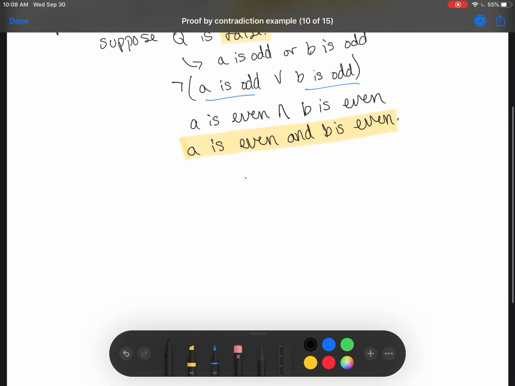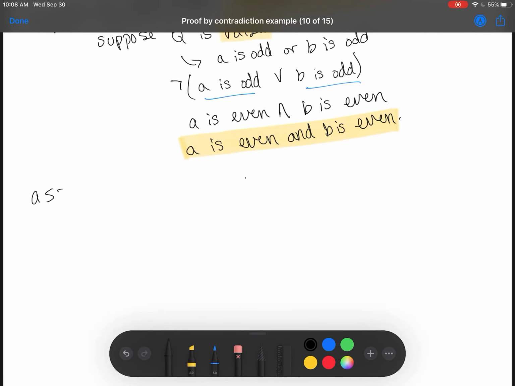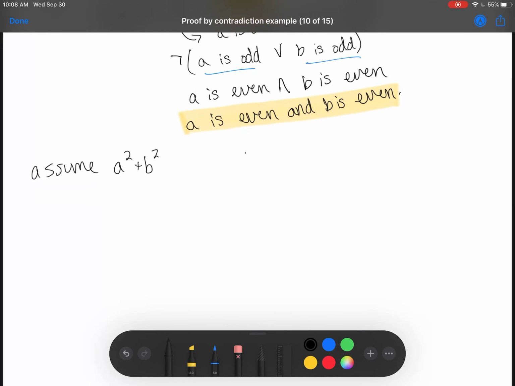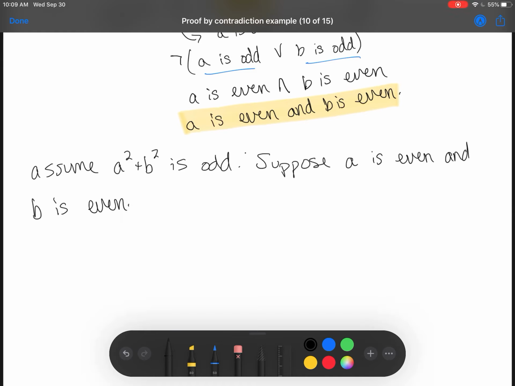So our assumptions: we're assuming that P is true, which is exactly a squared plus b squared is odd. And then we're also supposing that Q is false, which, as we just said, means that a is even and b is even. So where can we go from here?